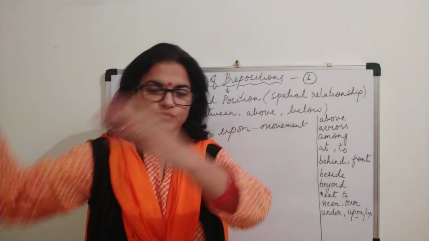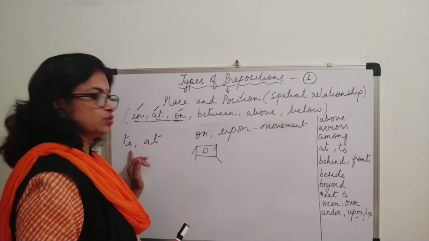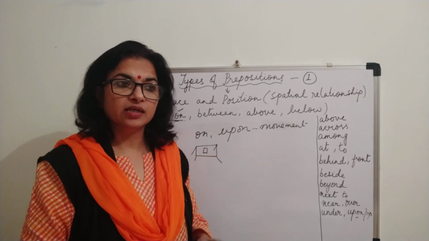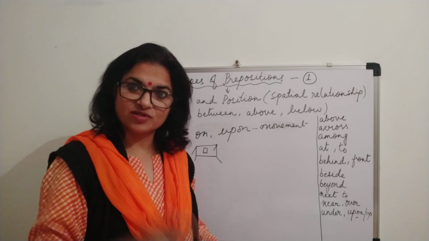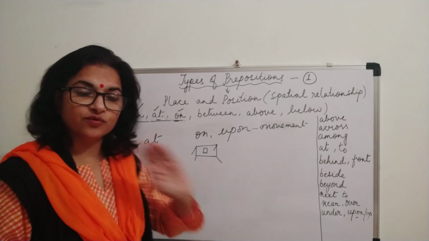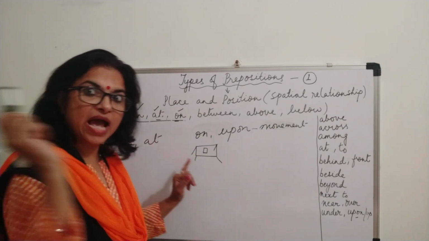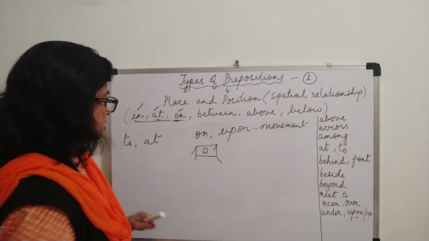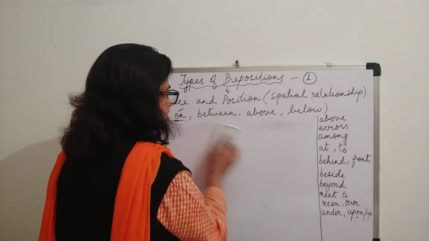So pass it to. We use to. If I say at, hit him at the leg. There is a force. So in at there is a force, whereas in to there is no force. So very slow action and fast action. I hope now this is clear to you, and even on and upon is clear to you.